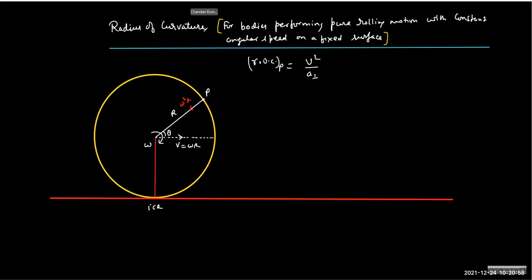So if I join this point to the ICR, we know exactly what the direction of velocity is. This is the direction of velocity, because with respect to the ICR, it will be pure circular motion and it must be perpendicular to this line at 90 degrees. So if I call this R, then this v must be equal to omega R, correct? R is the distance from the ICR to the point P.